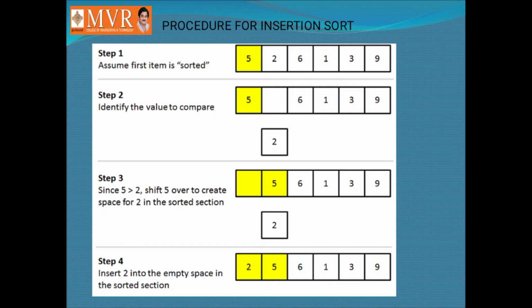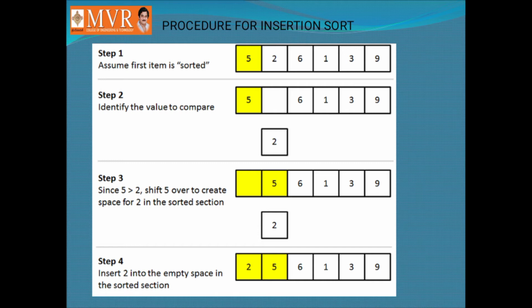See, 5, 2, 6, 1, 3 and 9. As I have told you, assume that the first element, that is 5, is in order. Assume the first item is in sorted order and then start the process. Step 2, identify the next value to compare, that is the item at the next position, it is 2, the location 1 element.